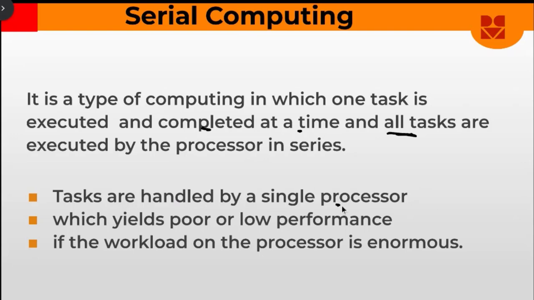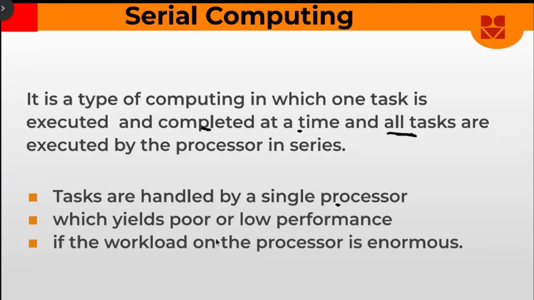Now, we should bear in mind that these tasks are handled by a single processor, which yields poor or low performance. If 10 tasks or 20 tasks are handled by a single processor, obviously the time it would take to finish running them would be poor if the workload on the processor is enormous.